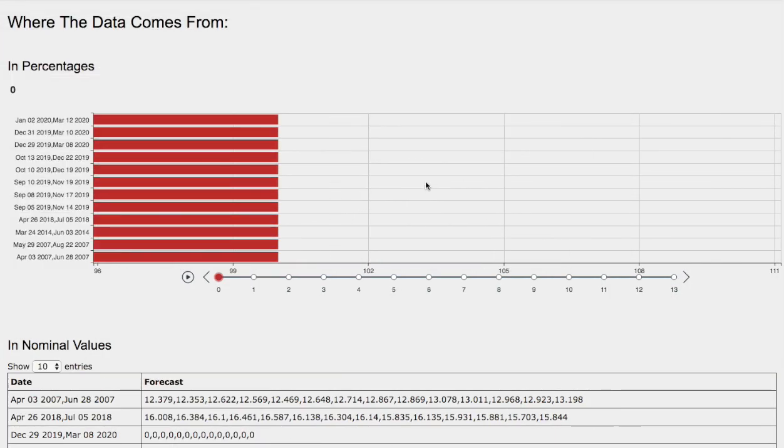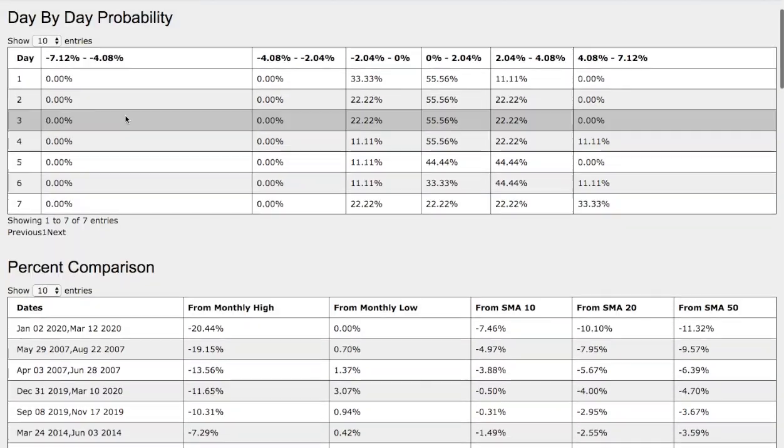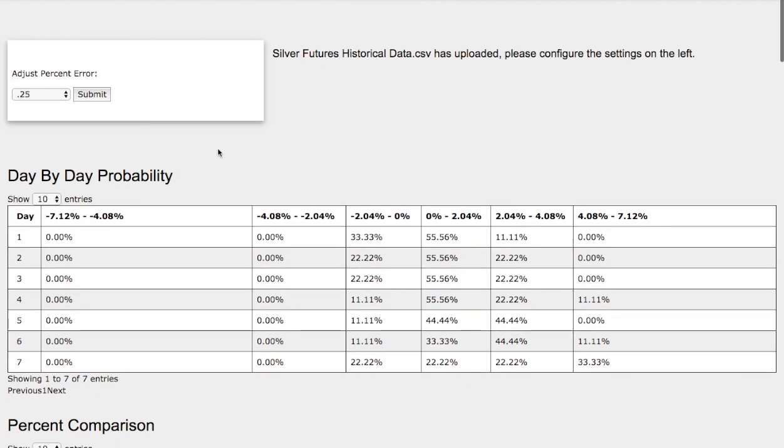So as for the day-by-day probability model, again, this model is now available in the link below, so do check it out. As the days progress to the 7th day, we see that we have a 22% chance for silver to climb higher between 0 and 2%, and another 22% for silver to climb between 2% and 4% up.